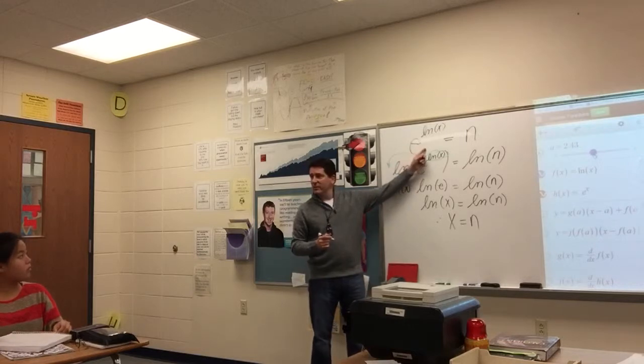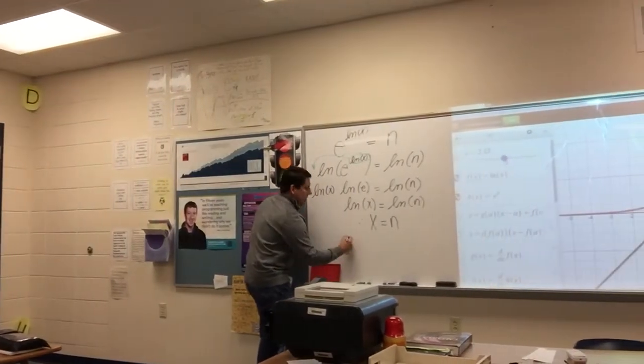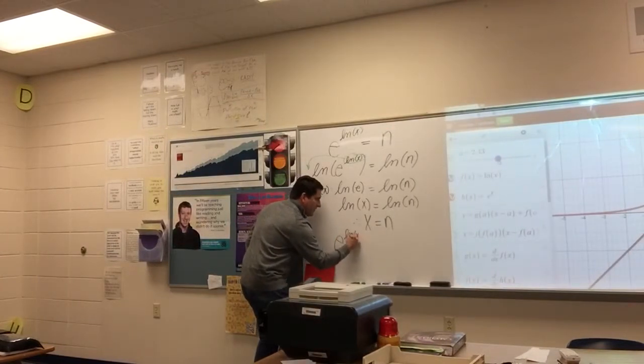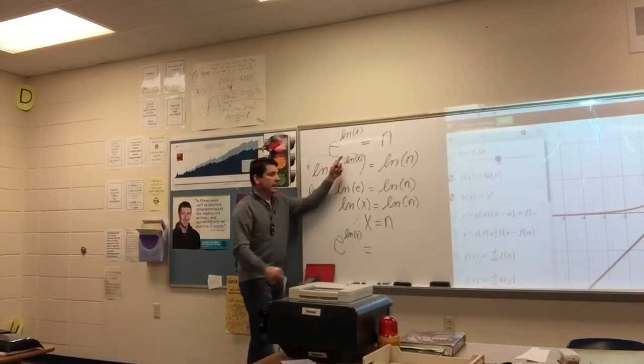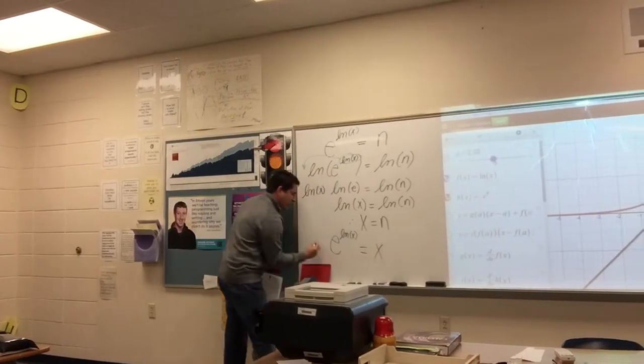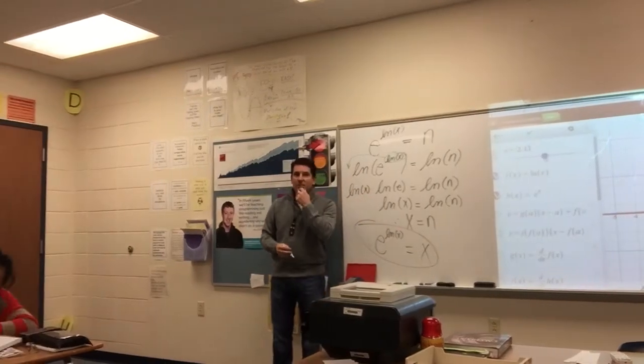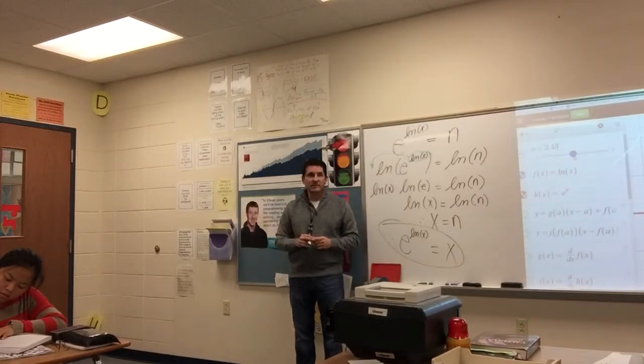Well, remember this? We said that e to the natural log of x was equal to n, but n is equal to x, so therefore e to the natural log of x is equal to x, which proves g of f of x equals x.